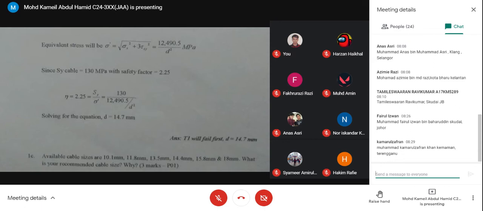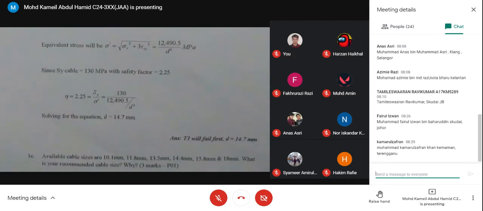So you have to select the higher and the closest, which will be 15.8 mm. That would be the best selection. Taking 18 is also possible, but it will probably add cost.